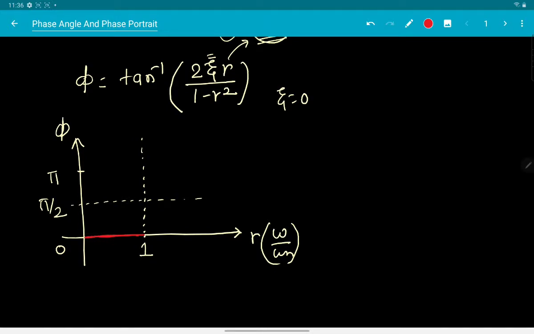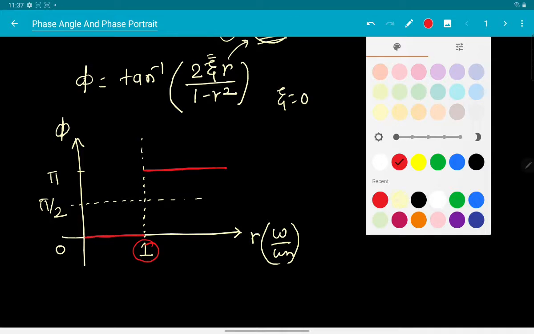Till that time this is the value of phase angle, and then suddenly it jumps over here to pi, and thereafter it remains there. So it is 0 till this value of r, and thereafter it picks up a new value, which is this pi. Now what is this phi which is taking these values?